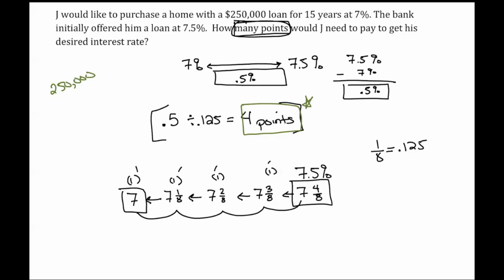We're trying to find, if it's 4 points, we know that's 4% of 250,000. So we're going to take 250,000 and multiply by 4%. And what do you get? 10,000. So 4 points is equal to $10,000.